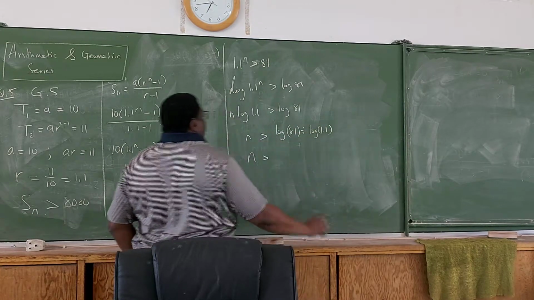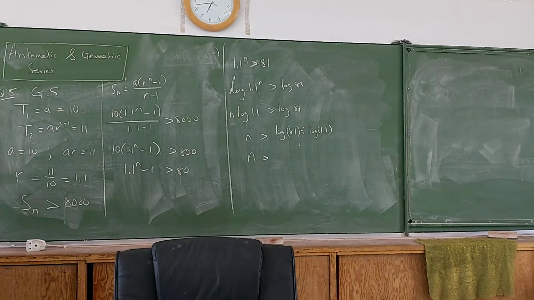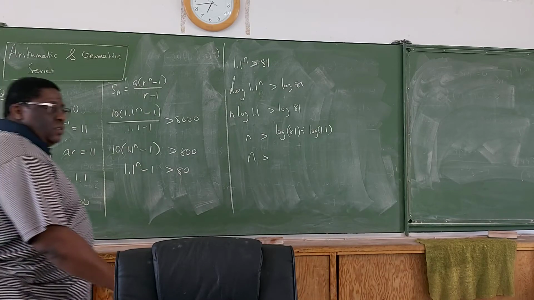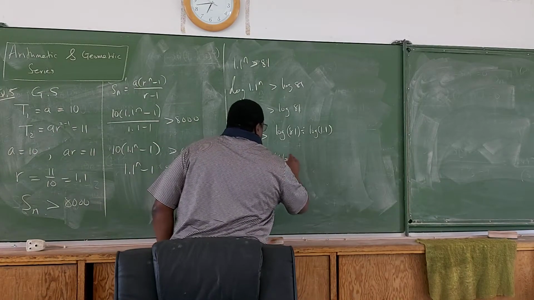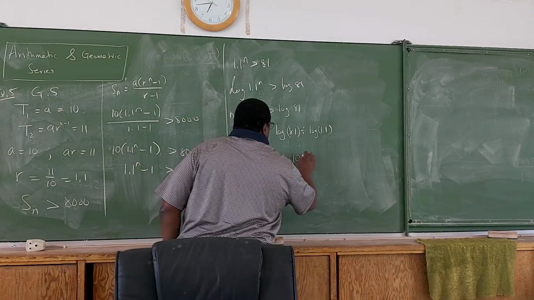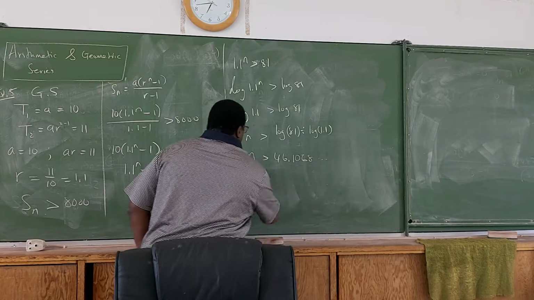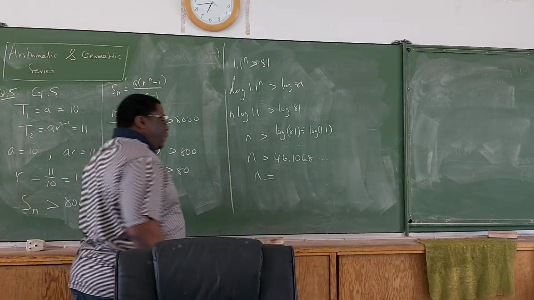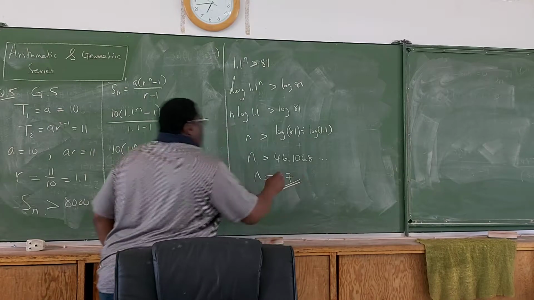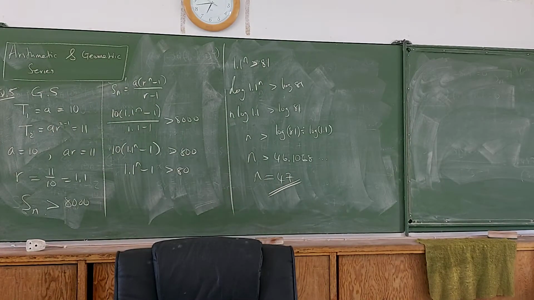So what is n greater than? 46.8. So n should be equal to what? 47. Are we together? 47. Are we together?